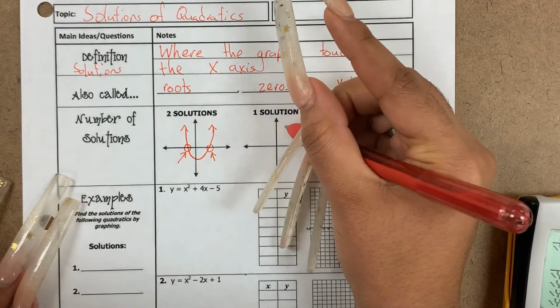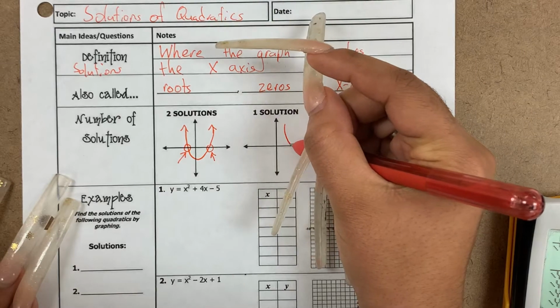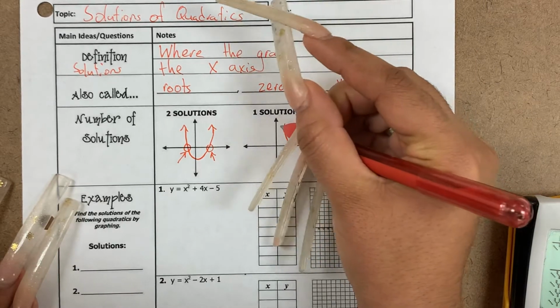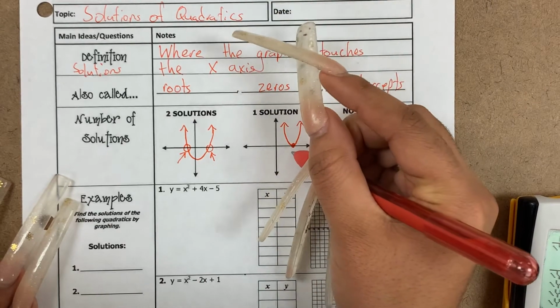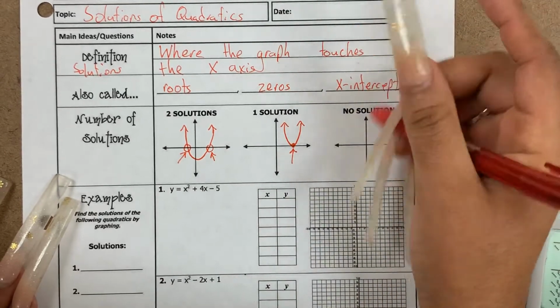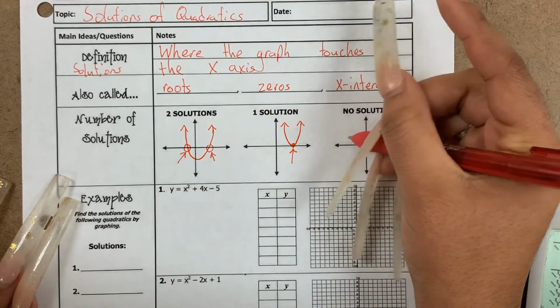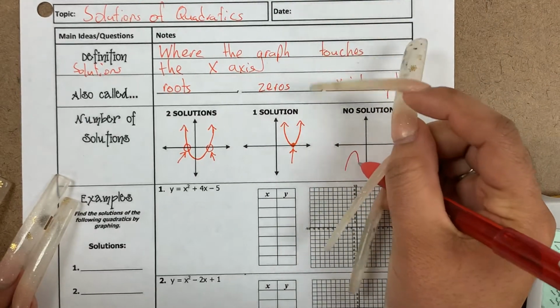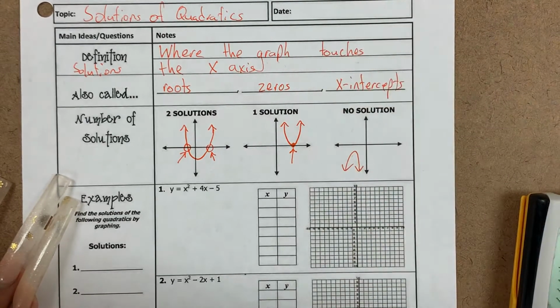This means that the graph just touches at that perfect spot on the x-axis only once. And it could have no solutions, meaning that the graph is either up here above the x-axis or below the x-axis, and that means it's never going to touch.